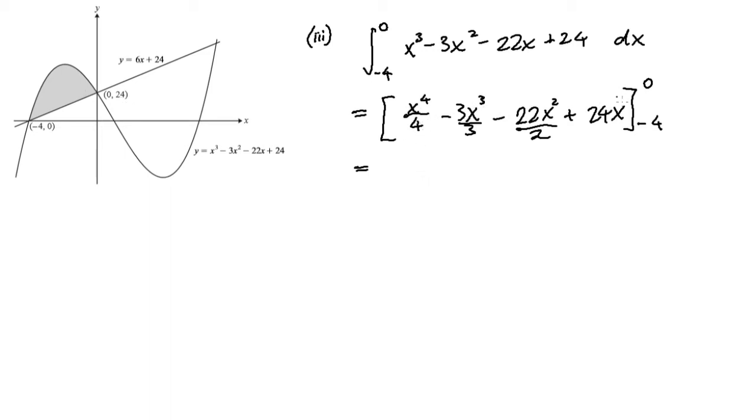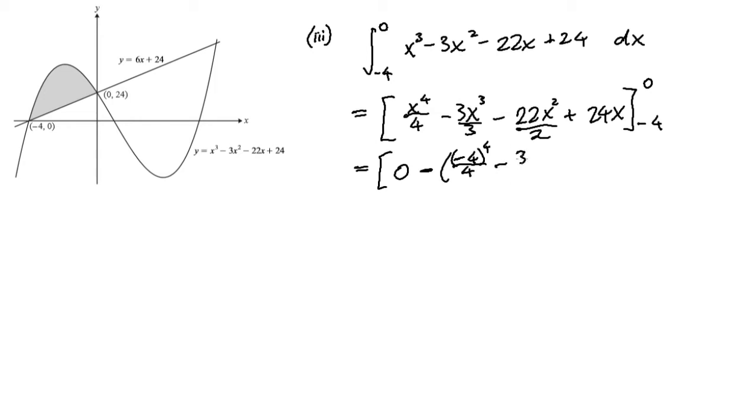If you put 0 in, then you get 0, 0, 0, 0. So 0 is our first value. Subtract by the lower bounds. So this is a -4 to the power of 4 divided by 4. That's a lot of 4s.